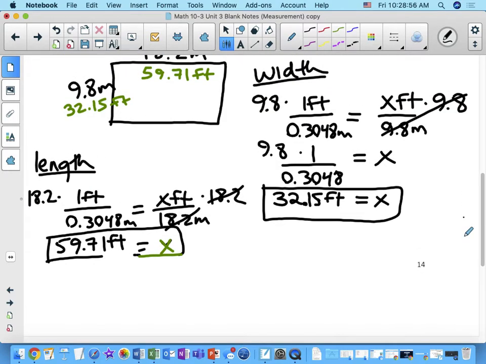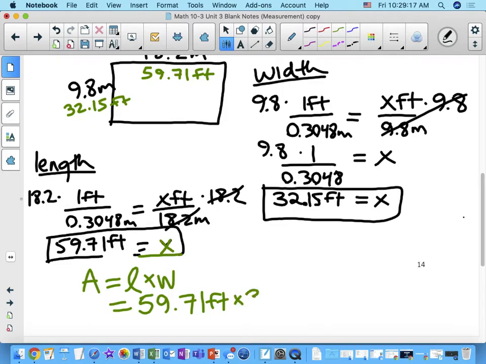So if I want to get my area in feet, it's length times width. I know my length in feet is 59.71 feet times my width in feet, which was 32.15 feet.